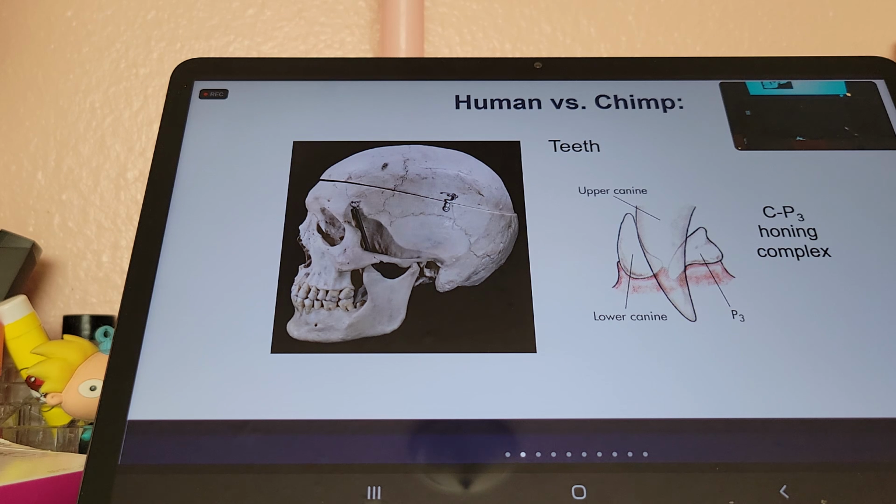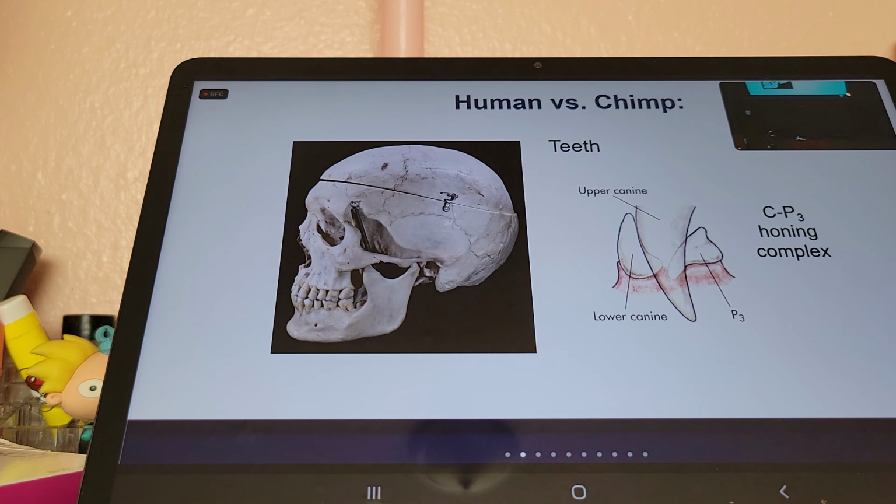And what you have is the upper canine, or the maxillary canine, comes down and overlaps with the mandibular canine anterior to it, and then the third premolar, the P3, which is one of the only two premolars we have left. We've lost the first and second premolars through evolutionary history, overlap. And this creates what's called a honing complex.